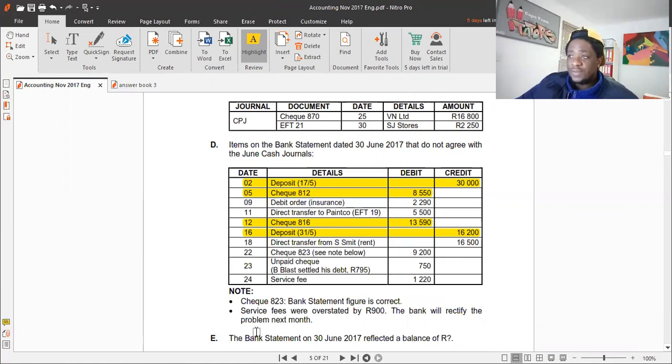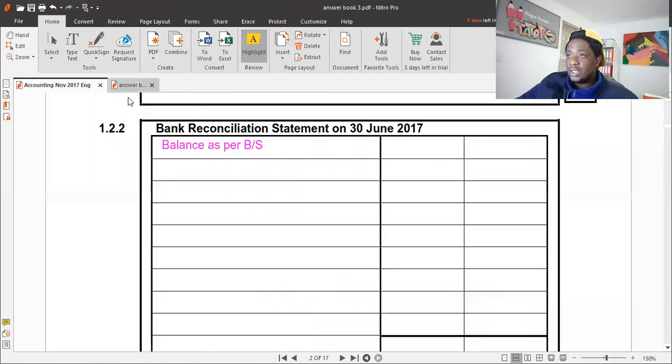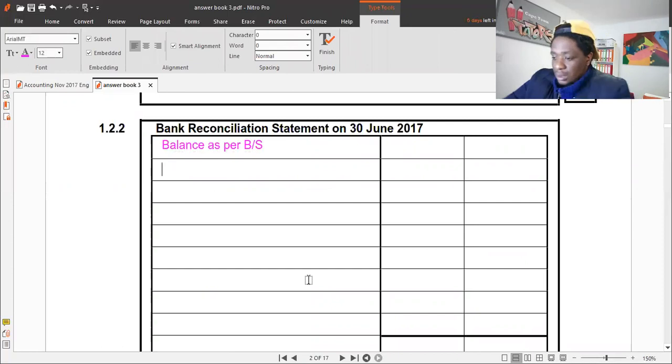So let us fill out the things that we know we need to fill out. We already said that this is the outstanding deposit because it is appearing in the cash receipts journal, but it is not appearing in the June bank statement. So let's say outstanding deposit.